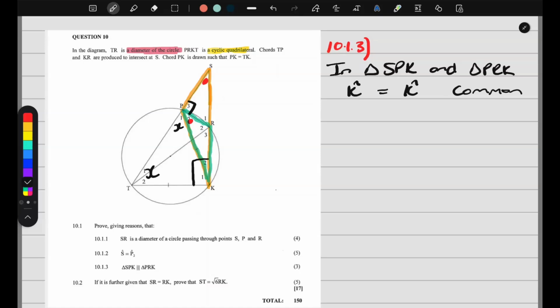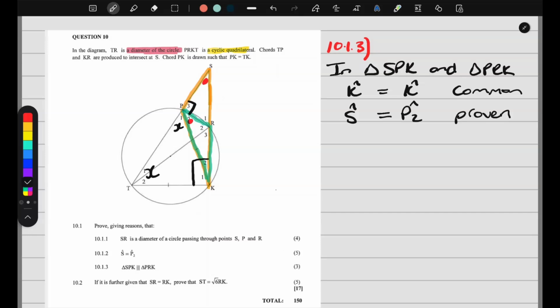Then they are similar. So we did prove in the previous question that angle S, you see the red dot, angle S in the orange triangle is the same size as angle P2, and this was proven.